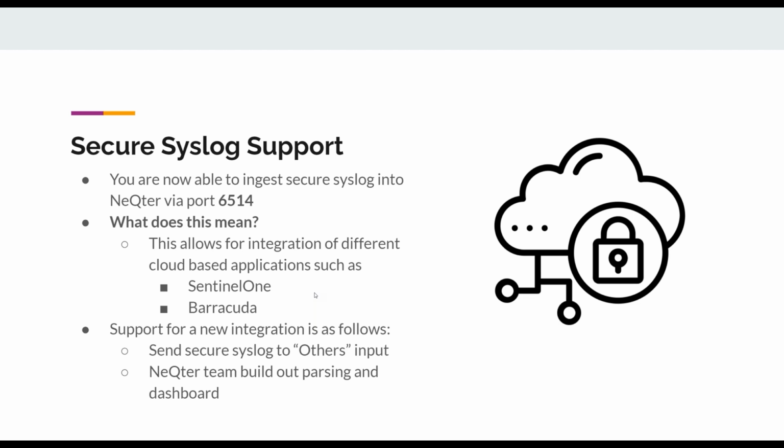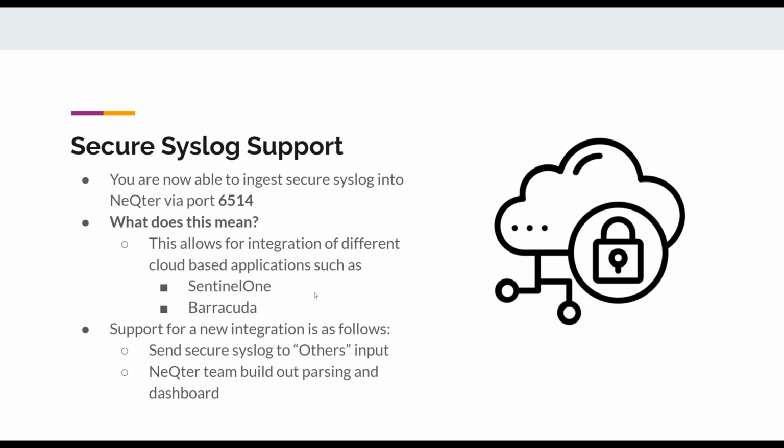But once you have that connected up, one of the things, and we tested it today and had success, so we're going to start building out and parsing logs for, is Sentinel-1. Sentinel-1 EDR, just like CrowdStrike, but they send their logs via secure syslog. So, great. We're going to be able to pull those logs in, start building that out.